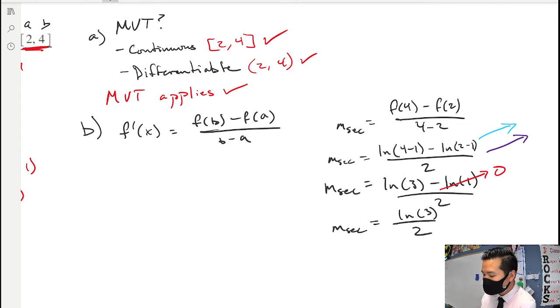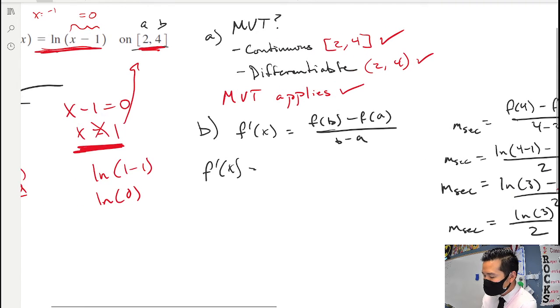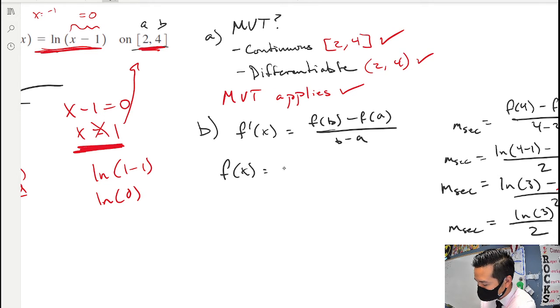Second part, I need to find the derivative. Well, I have this function, ln of x minus 1. Do you remember what the derivative of ln is? It's 1 over stuff. So ln of x would be 1 over x. But this is ln of x minus 1, so you have an inside and an outside function.